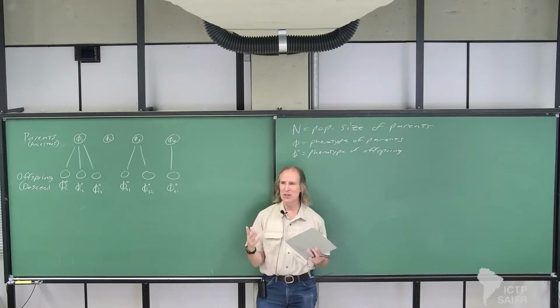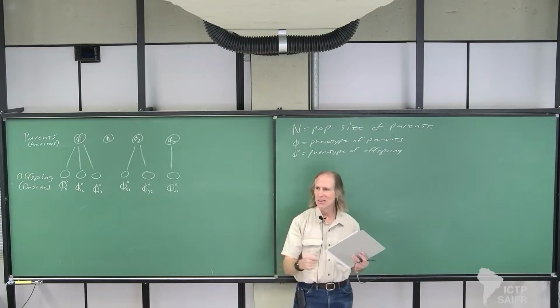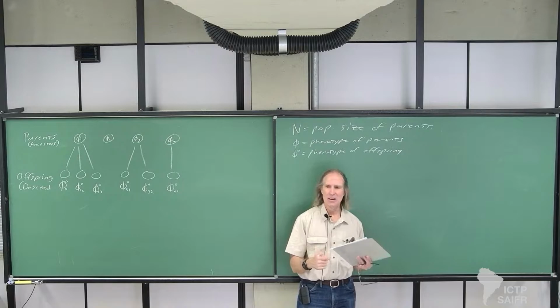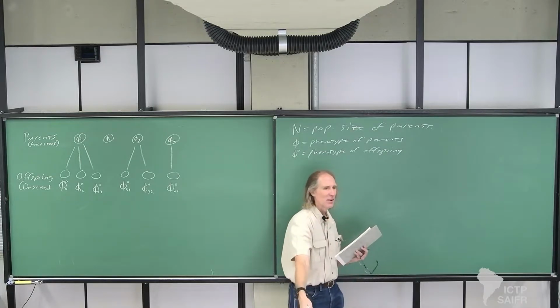Anyone know a case where you count grandchildren instead of offspring in determining fitness? It's a problem in evolutionary biology that we solve by counting grand offspring.